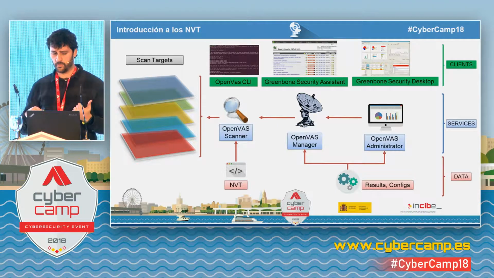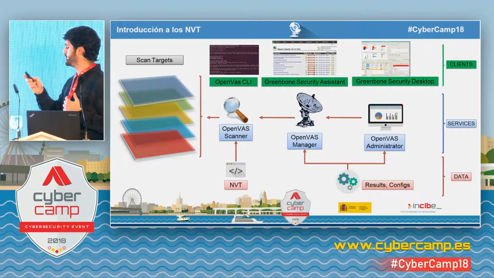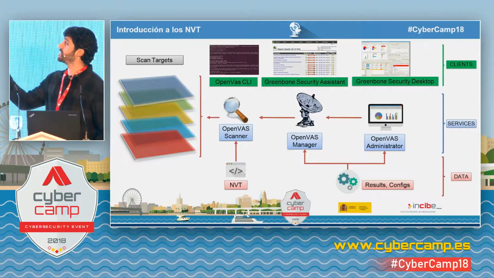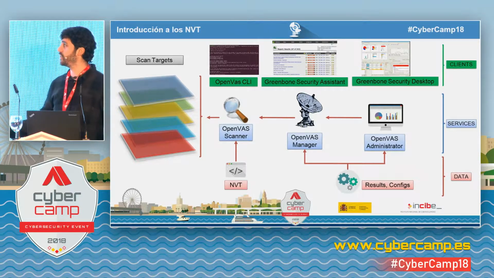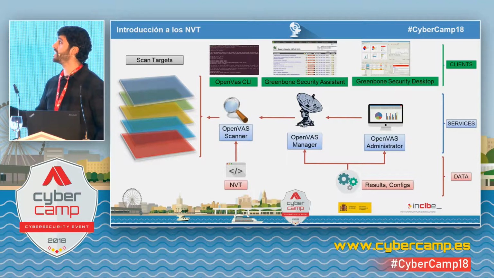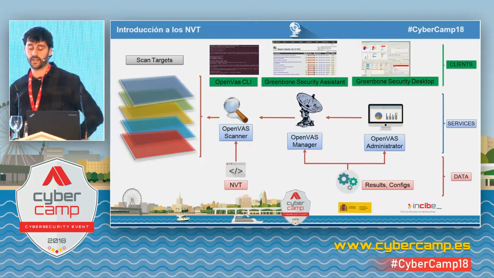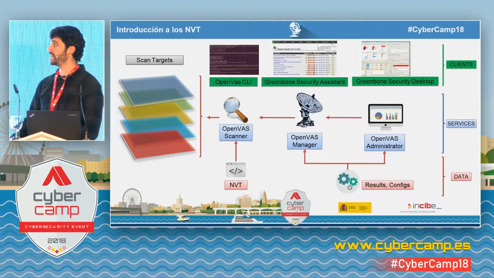Since we're speaking about OpenVAS, this is how it's structured. These are clients, visual clients. We can set up the services we have running: administrator, manager, and scanner. We set up all this, the scans we want to carry out.